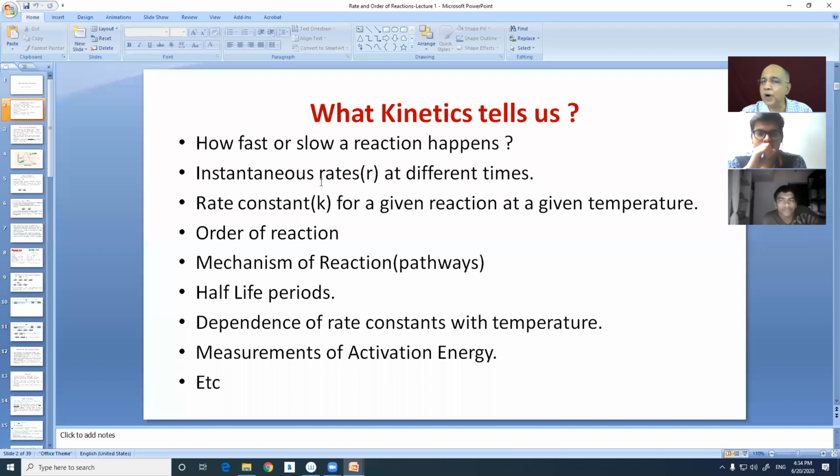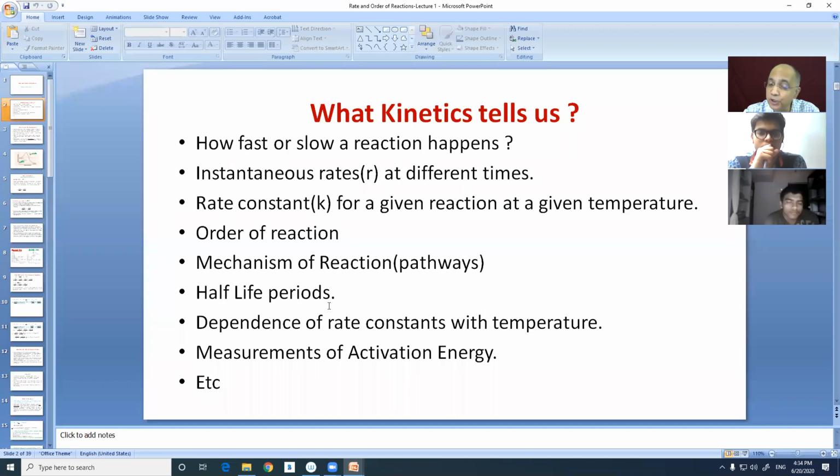Kinetics tells us how fast or slow the reaction can happen. It will tell us the instantaneous rates at different instants with progress of time. It will also tell us rate constants. Rate constant small k is not the capital K, that is the equilibrium constant. And it will tell us the order of reaction, mechanism of reaction, half-life periods.